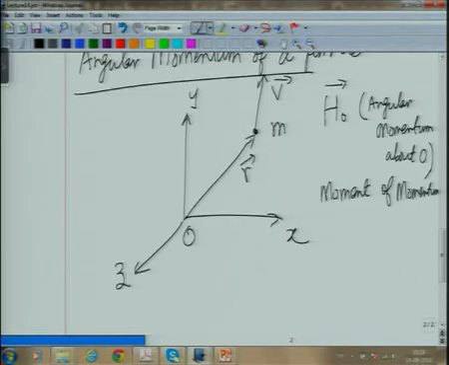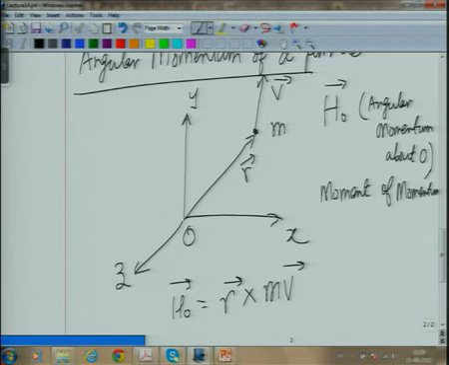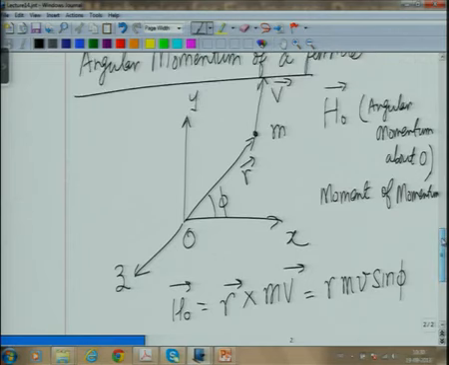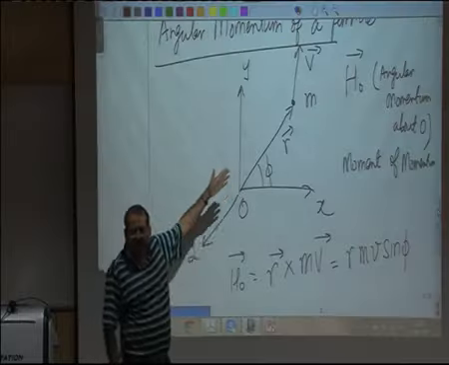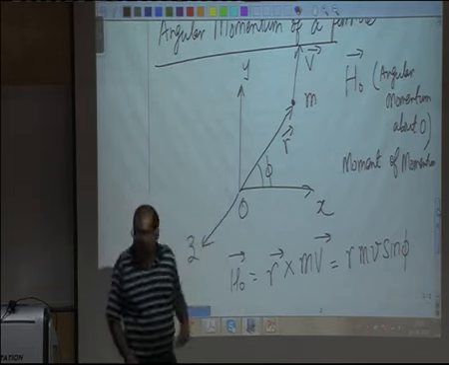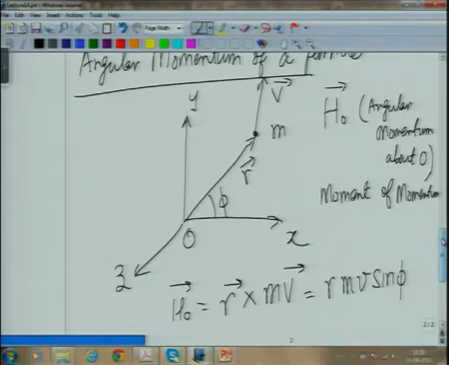if this is R, then h about O, the angular momentum, is defined as R cross m v. And if this angle which the R vector makes with the x-axis is phi, then phi will be this one.